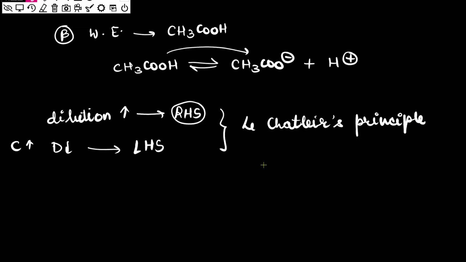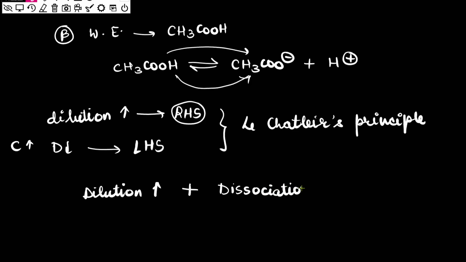So now suppose the dilution is increasing. In that condition, according to Le-Chatelier's principle, the equilibrium will shift to the right direction. So the dilution will increase and the dissociation of that electrolyte will also increase.